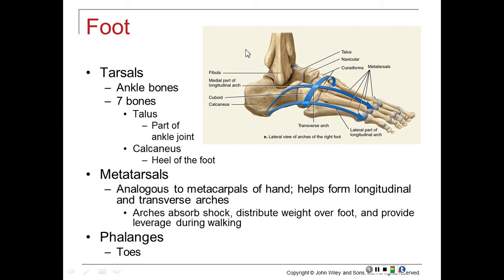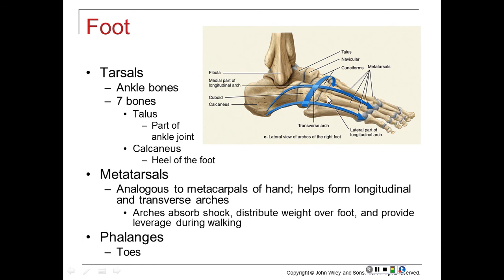If you touch the sides of your ankle, the medial part of your ankle, that inner ankle, is actually your fibula, and I'm sorry, I had that mixed up. The lateral side is your fibula, the medial side or inner side is your tibia. So when you touch your ankle, you're actually touching two different bones, one on the inside and one on the outside.